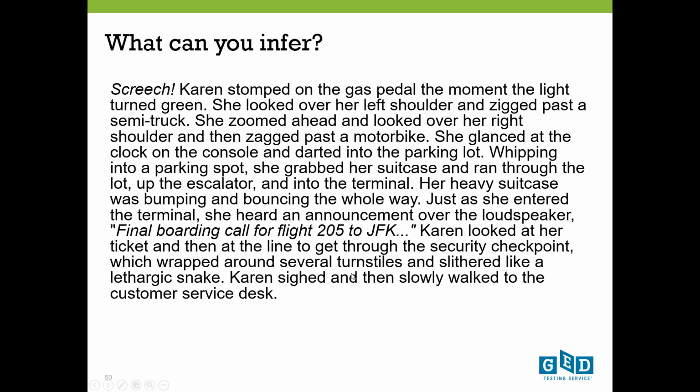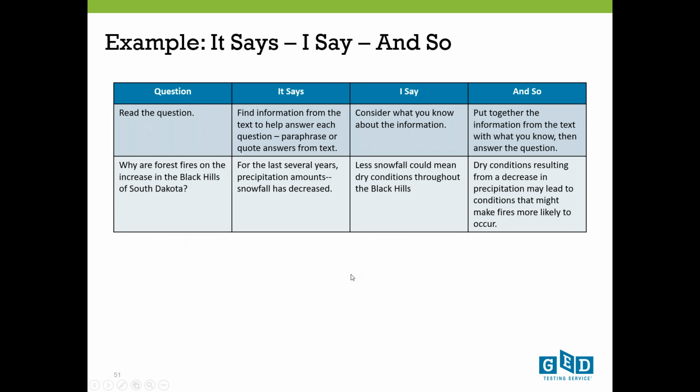So from there, what I can do is move into a strategy that's called It Says, I Say, and So. So I read the question, I look at what the text says, I consider what I know, and I put those things together. So, why are forest fires on the increase in the Black Hills of South Dakota? Well, the text says for the last several years, precipitation amounts, blah, blah, blah, snowfall has decreased. So I say, well, less snowfall could mean that it's dry.